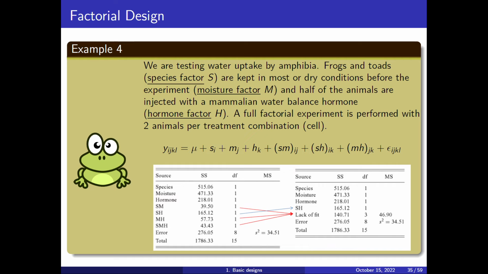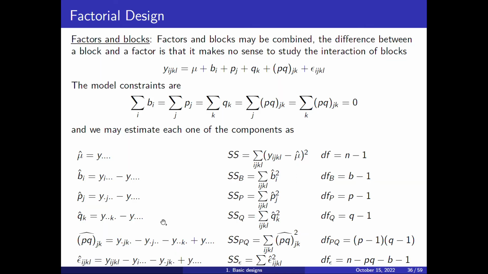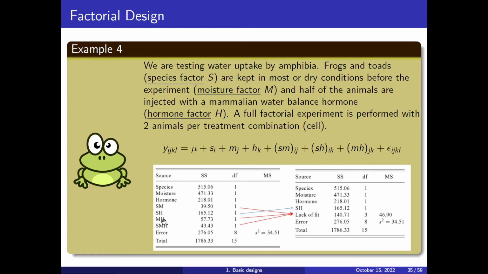It depends on the number of degrees of freedom, but it is a good rule of thumb. So if something is 3 or 4 times above the level of noise, then it is significant. So we see that 39 is not 3 or 4 times. This second order interaction between moisture and hormone is not either, and the triple interaction is not either.